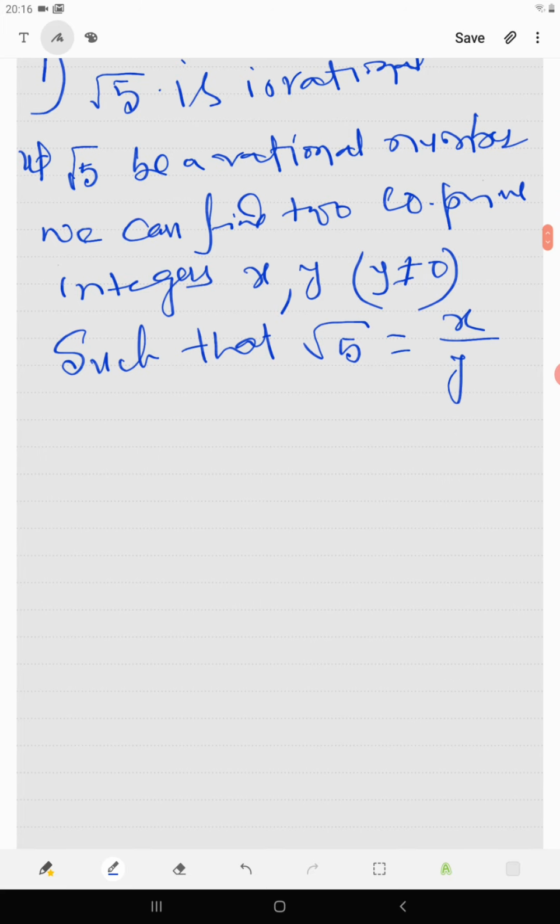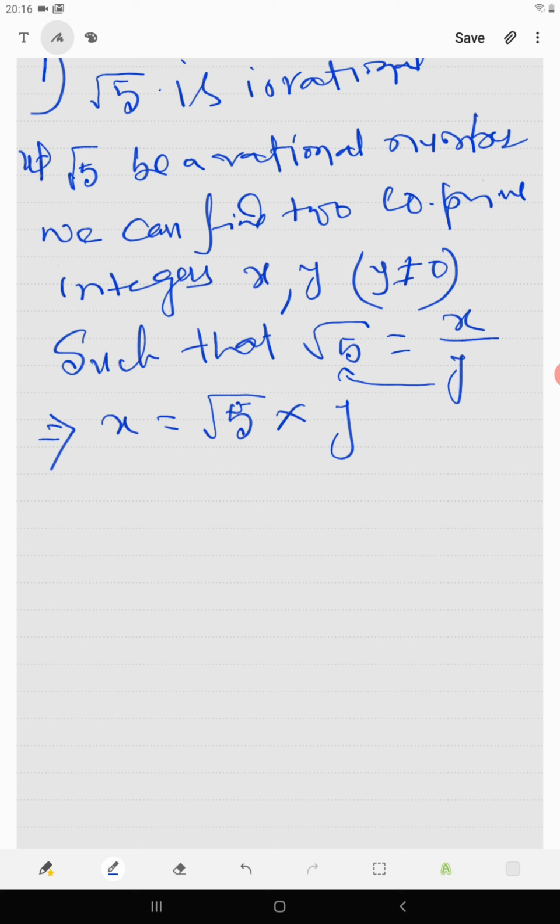Since root 5 equals x by y, we can write x equals root 5 into y, taking y to the left-hand side.